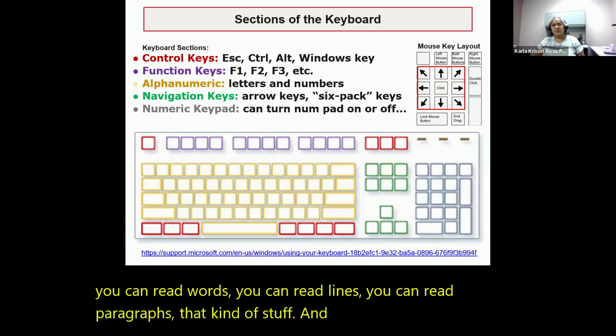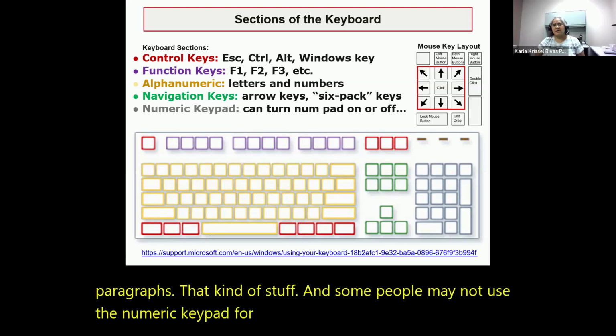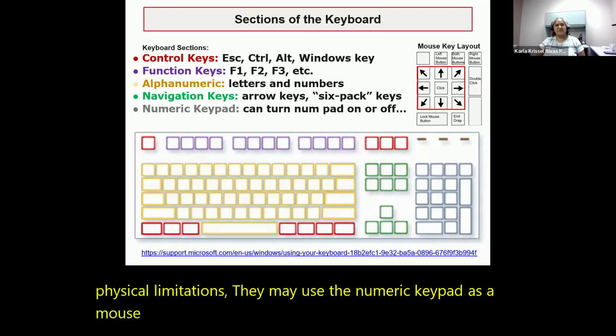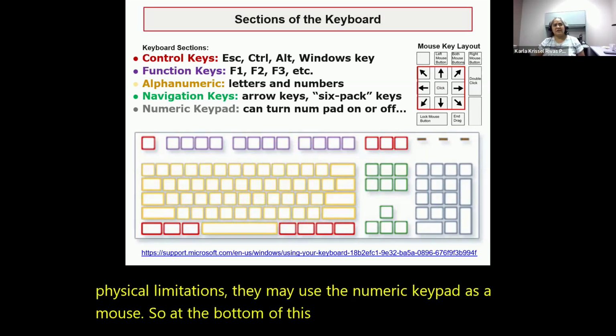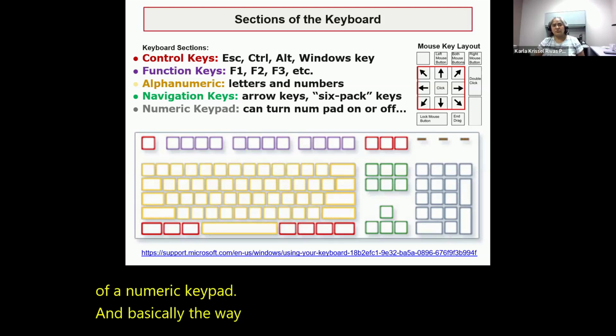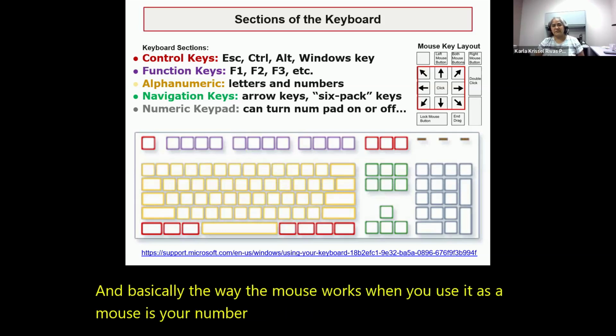And some people may not use the numeric keypad for reading. It may be a person with physical limitations. They may use the numeric keypad as a mouse. At the bottom of this slide, you also have a picture of a numeric keypad. The way it works when you use it as a mouse is that your number 5 is your click button.